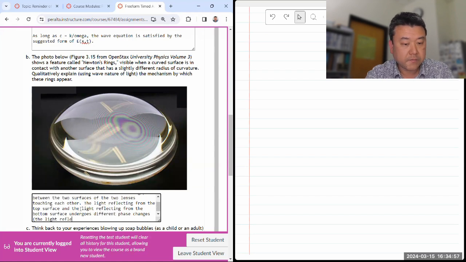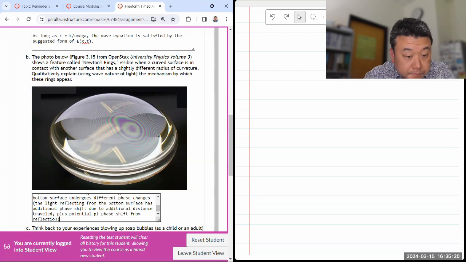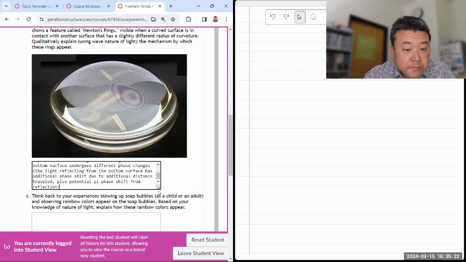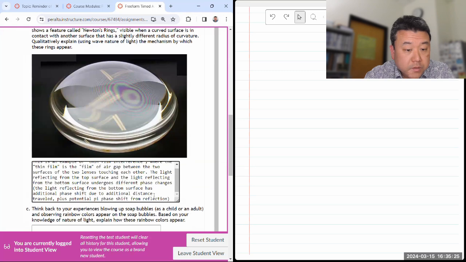The light reflecting from the bottom surface has additional phase shift due to additional distance traveled plus a potential pi phase shift from reflection.